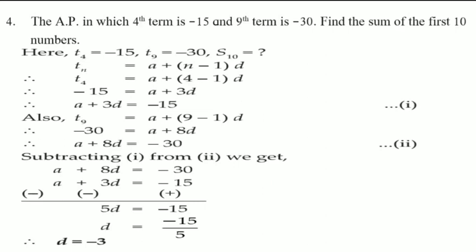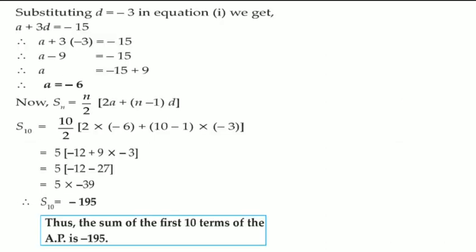So after getting value of a and d, it is quite possible for you to find out S10. You have to make use of formula of Sn. The bigger formula, Sn is equal to n upon 2 inside the bracket 2a plus n minus 1 outside the bracket d. Substitute the given values, solve, and you are going to get the answer. Okay, you can see the answer here. So you have to solve this problem by yourself.